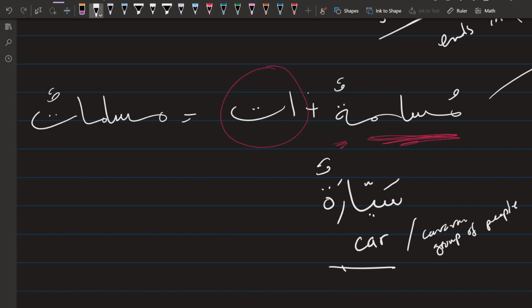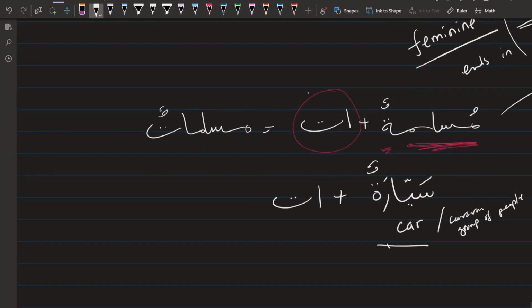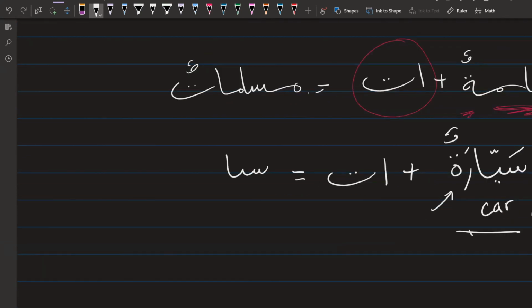Is it something that I can just add alif and ta to? Yes, you can. You can add alif and ta whether it's aqil, intellect, or non-intellect. But of course, remember, we remove the ta marbuta. So it says sayyaratun. You cannot say sayyaratatun.